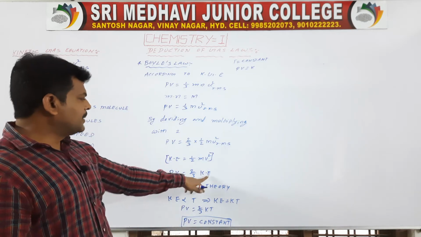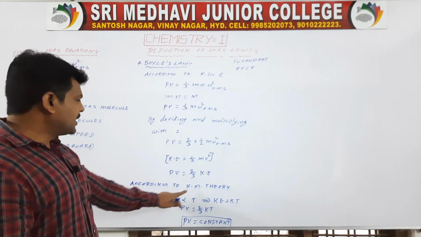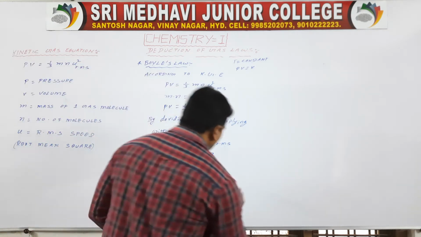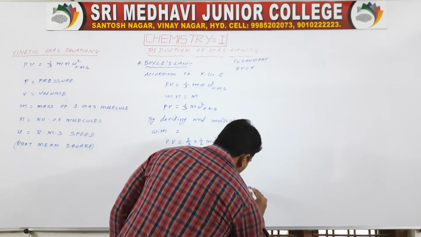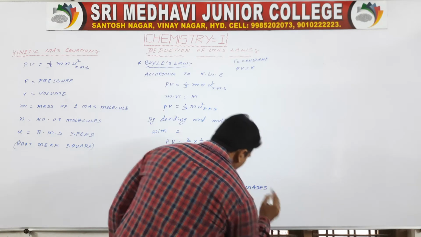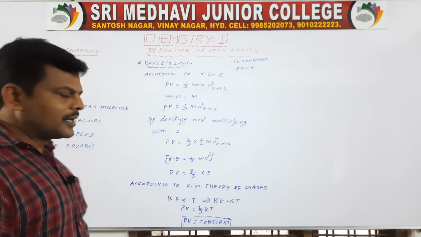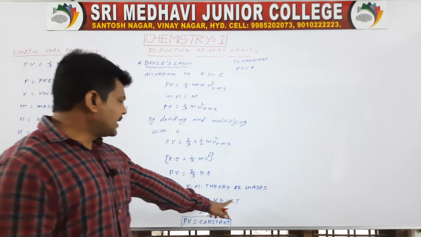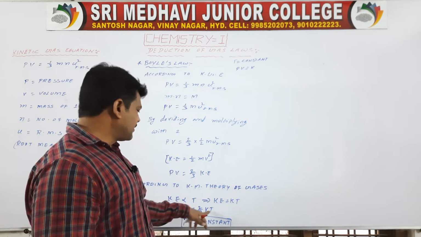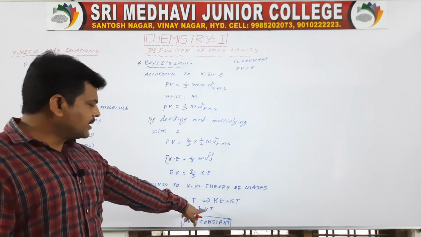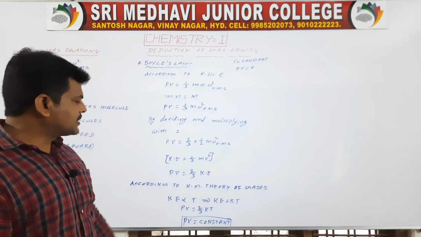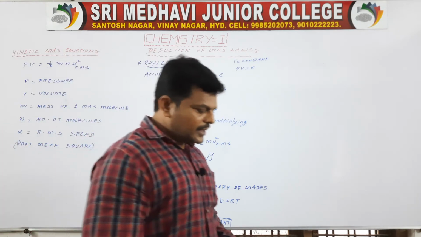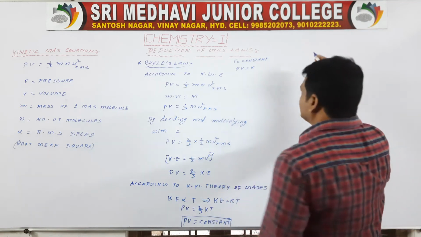So PV equal to 2 by 3 KE. According to the kinetic molecular theory of gases, KE is directly proportional to T, then KE equal to KT. Here 2 constant, 3 constant, K constant, temperature also constant, so it is nothing but PV equal to constant. Then Charles' law.